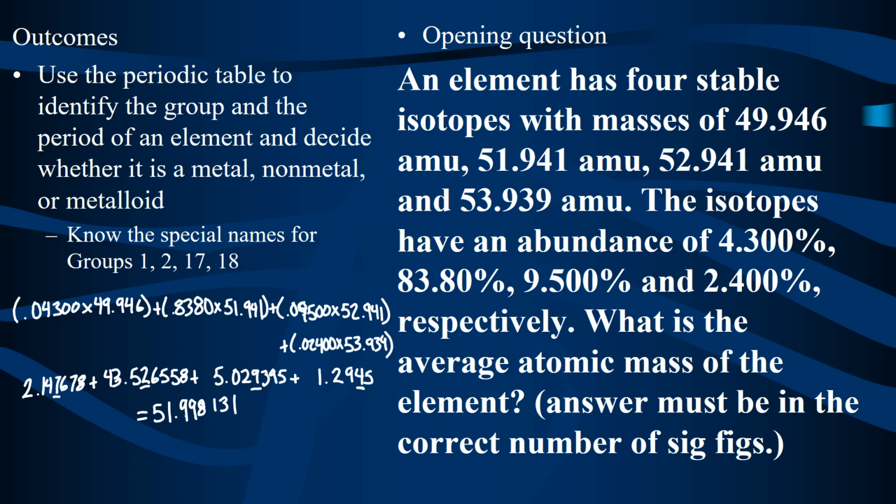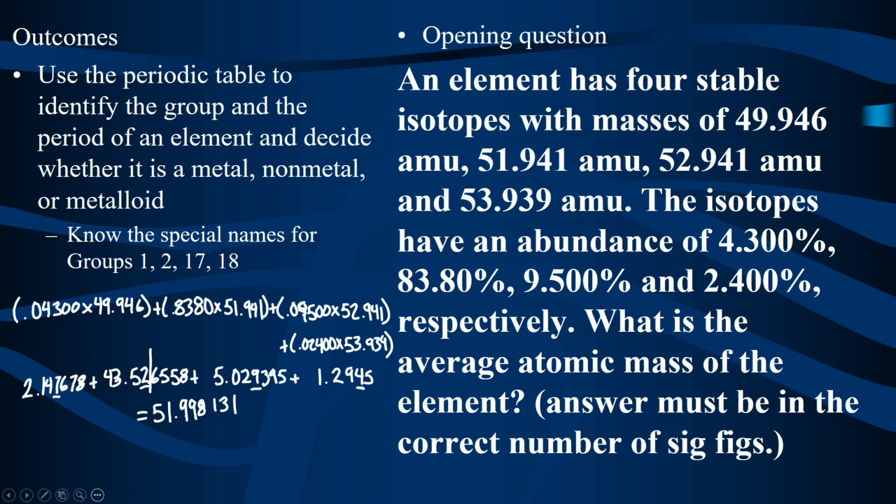All right. Now, when we go to add them, our least precise number becomes that 43.52, because it has the fewest decimal places.